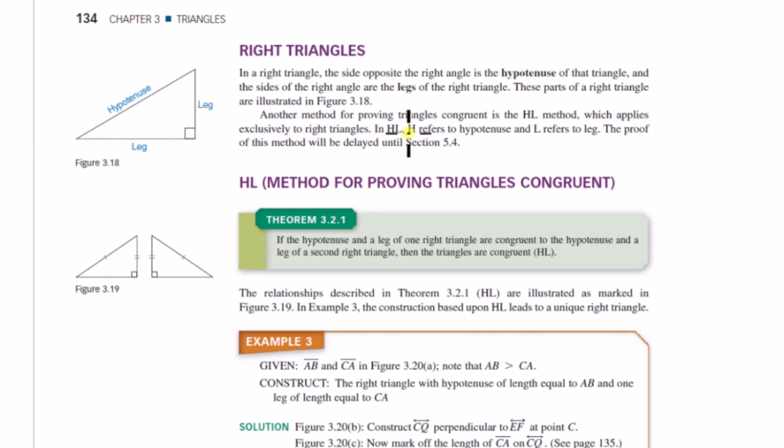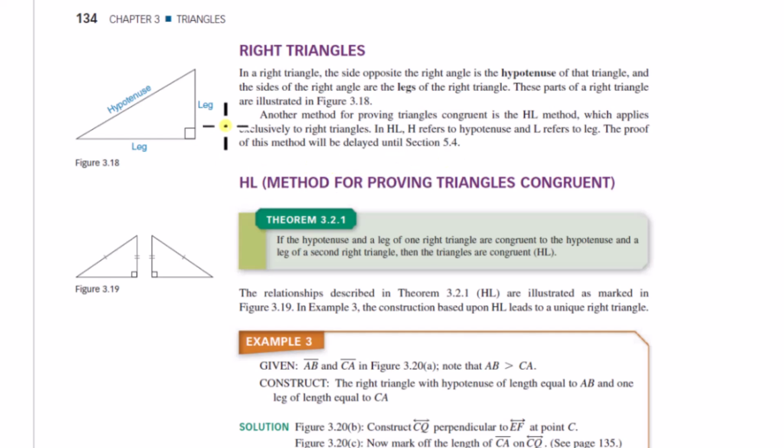All right. Another method for proving triangles congruent is the HL method, which applies exclusively to right triangles. In HL, H refers to hypotenuse and L refers to leg. The proof of this method will be delayed until section 5.4.